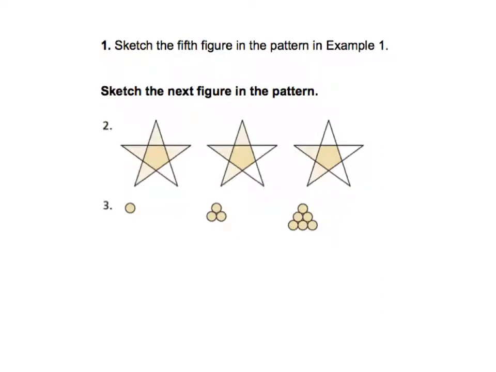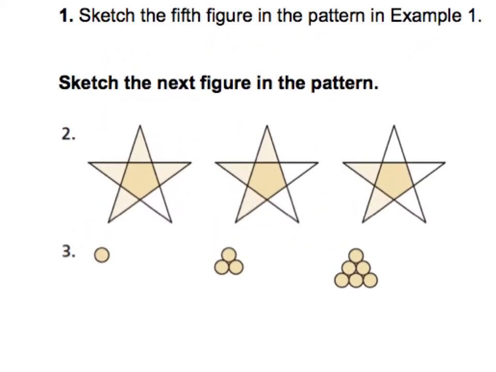So if you notice in the stars, it's basically looking at which parts are shaded. Each time something slightly different is shaded, and it's kind of hard to see here. I'll zoom in just a little bit, but you have the middle part shaded darker. And on this first one you have 1, 2, 3, 4 of the points on the star shaded. Again, on the next one you've got the center part shaded darker.